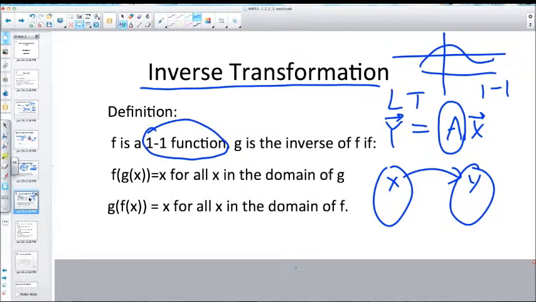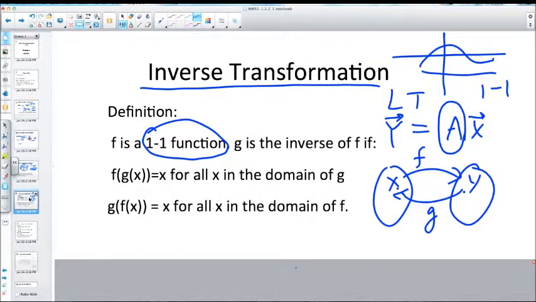Only when the function is 1 to 1 can you map it backward. If this is f and this is g, and f maps x to y and g maps y to x, basically g undoes what f did. So g is called the inverse of f.